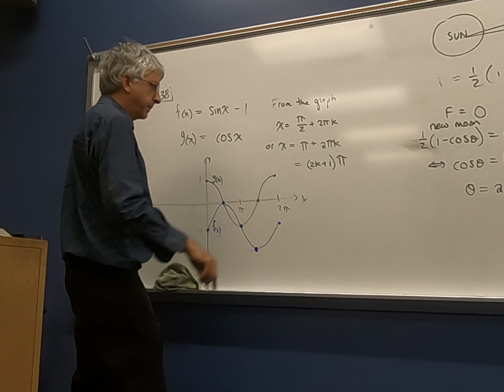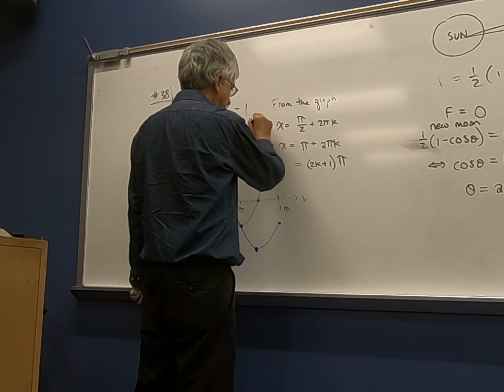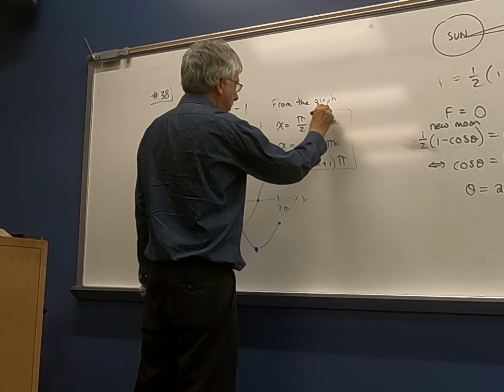When you factor out the pi, you get 2k plus 1, or 1 plus 2k. I prefer to write 2k plus 1. That's then readily recognizable as an odd multiple of pi. So it's not true at 2 pi, but it is at pi, and it'll be true again at 3 pi and 5 pi and 7 pi. So these are the solutions from the graph.